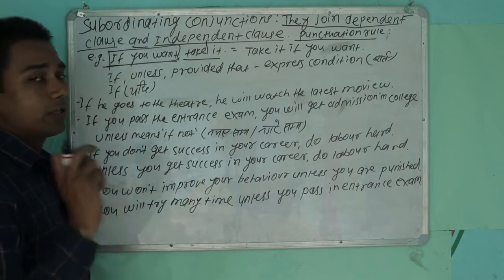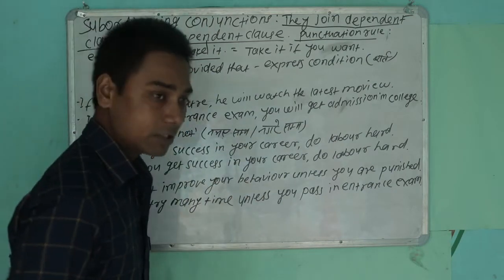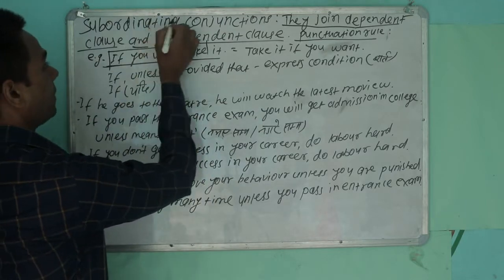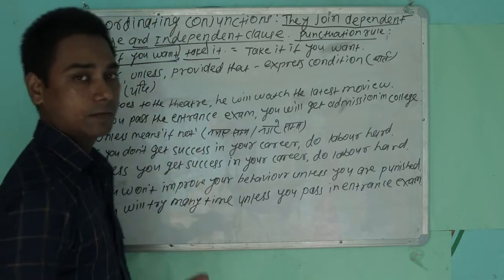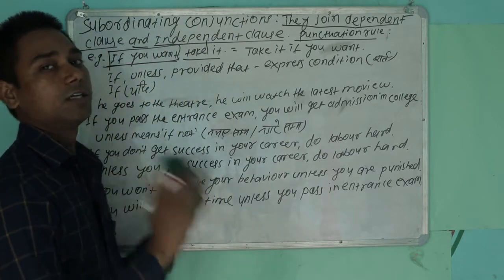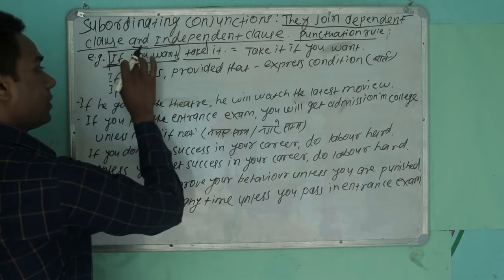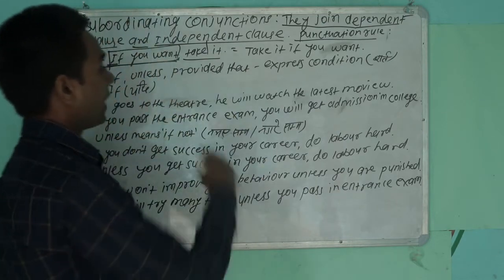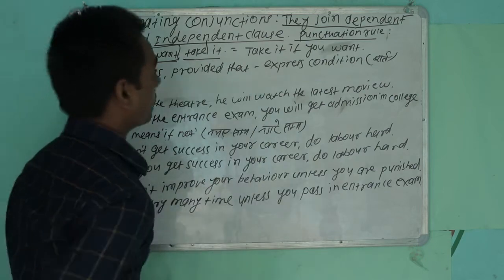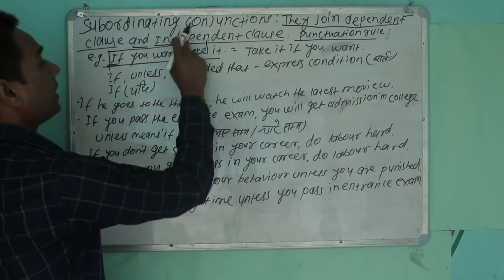And let me tell you one more thing to recognize a dependent clause. If there is a subordinating conjunction in the clause, that clause is called a dependent clause. In this clause there is if, so this is a dependent clause. And next is the independent clause, because it has complete meaning, so it is independent.